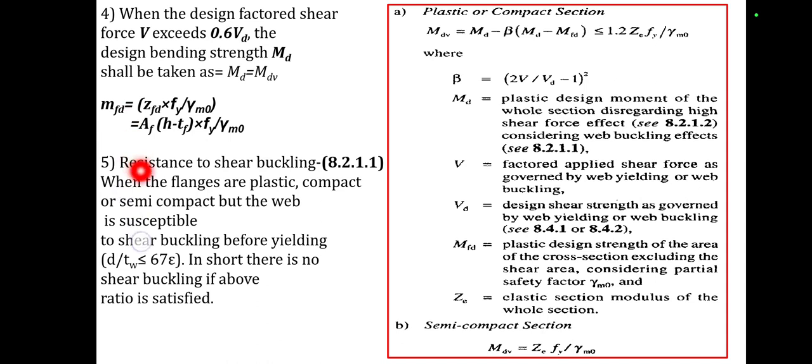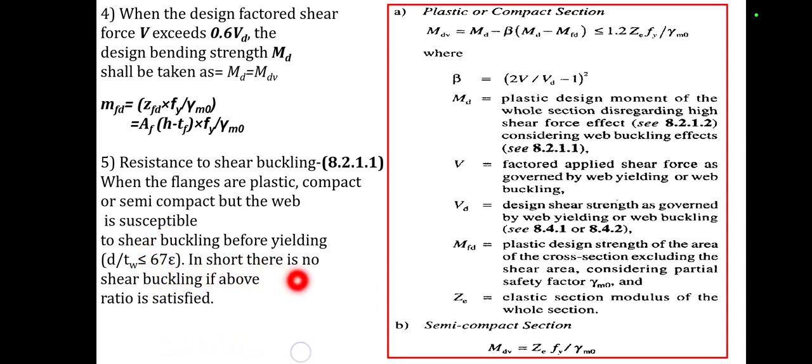Then the next step is the resistance to the shear buckling. Clause number 8.2.1.1. When the flanges are plastic, compact or semi-compact, but the web is susceptible to the shear buckling before the yielding, that is, the ratio of d upon tw is less than or equal to 67 epsilon.